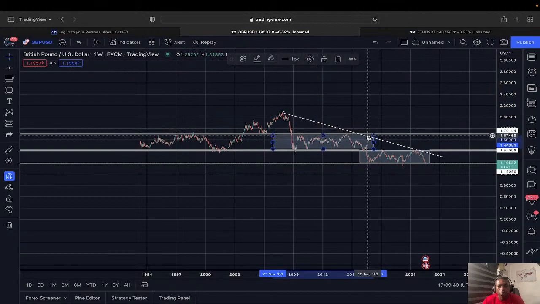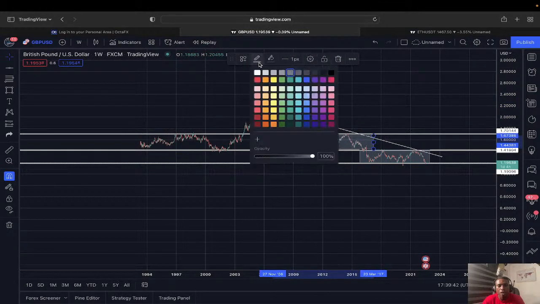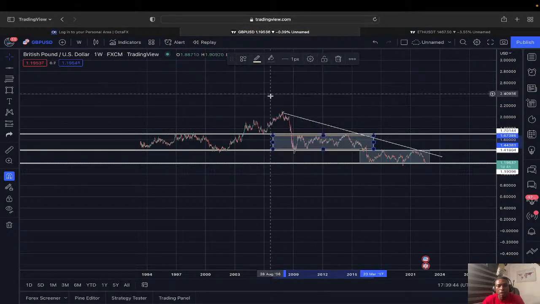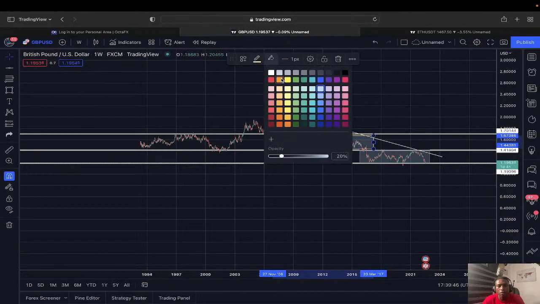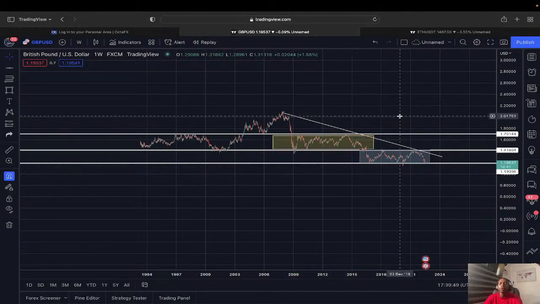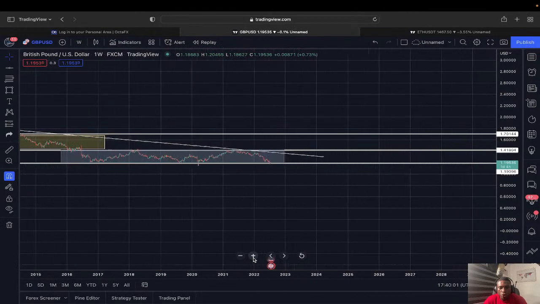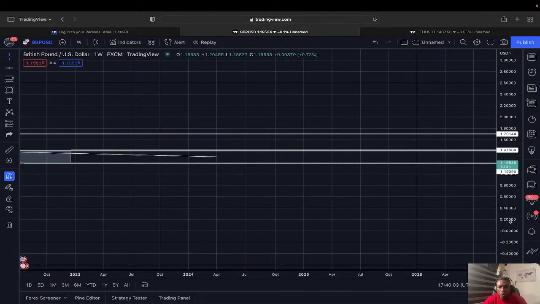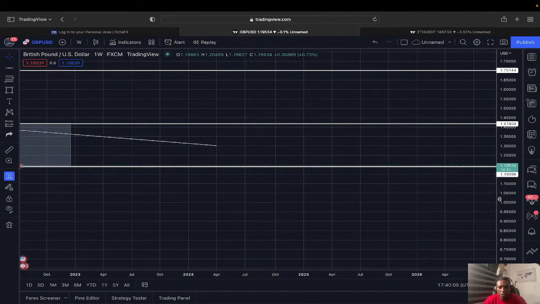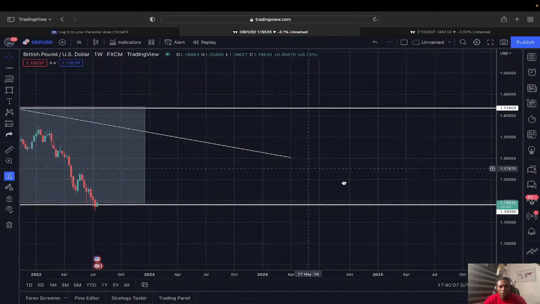Good. Let me change the color. Okay, good. So you can see that there was a range here and then price broke out, a bearish breakout. Let's zoom closely. Let's look into what happened here so we can see how the breakout occurred for persons who still want to understand how breakout works.